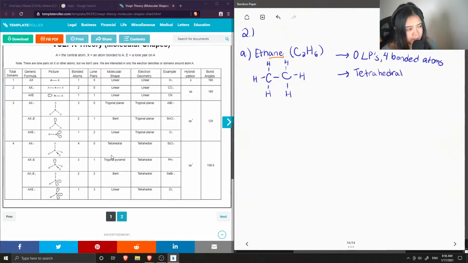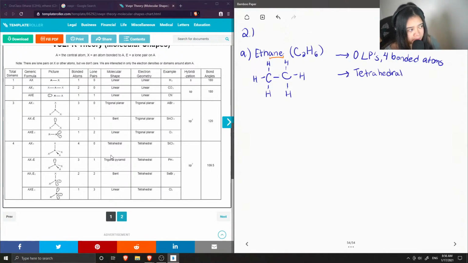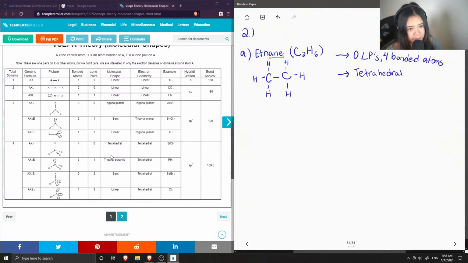So when our central atom contains no lone pairs, its molecular shape and electron geometry will be the same. So in the case of the 4 bonded atoms and 0 lone pairs, tetrahedral is the molecular shape and the electron geometry.